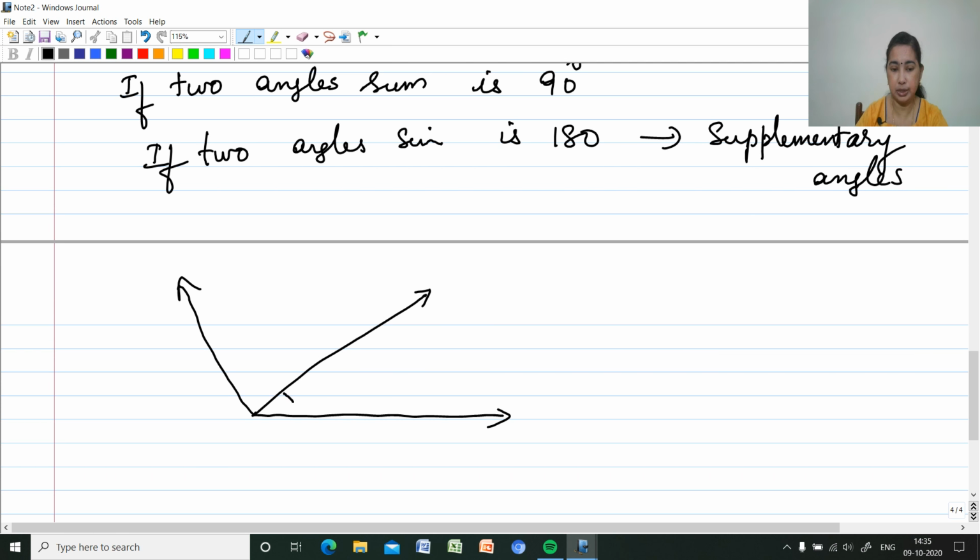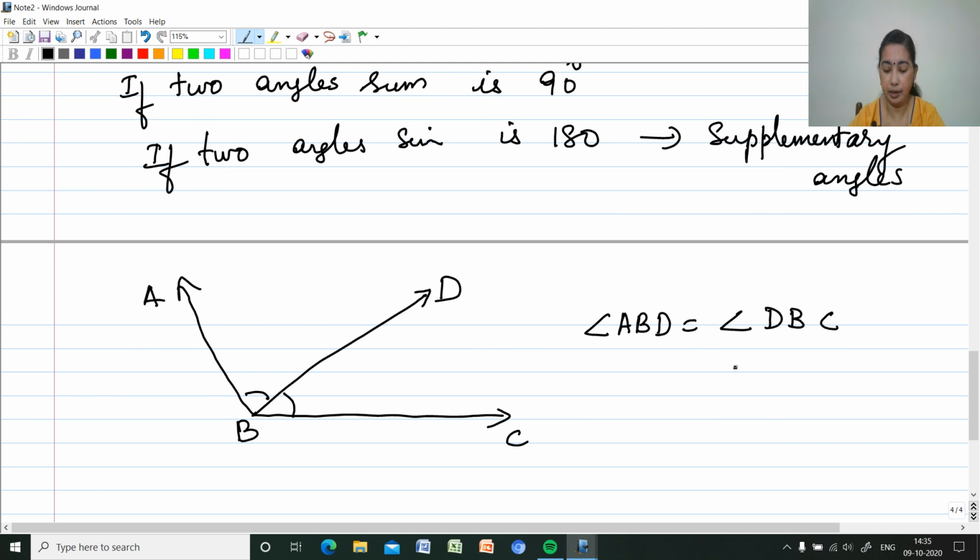Let this be A, B, C, and this point D. What are adjacent angles here? Angle ABD and angle DBC are adjacent angles.